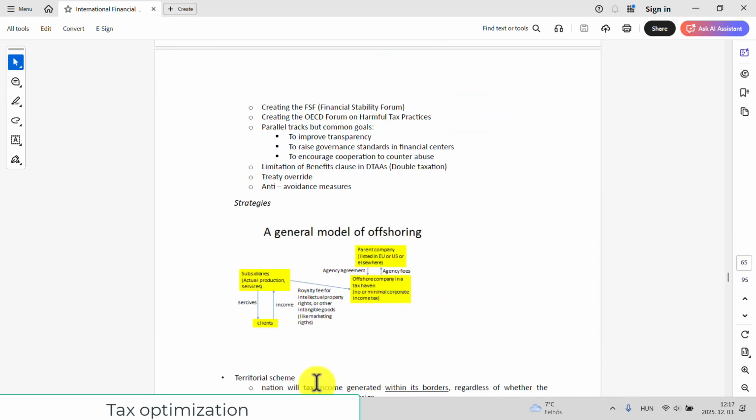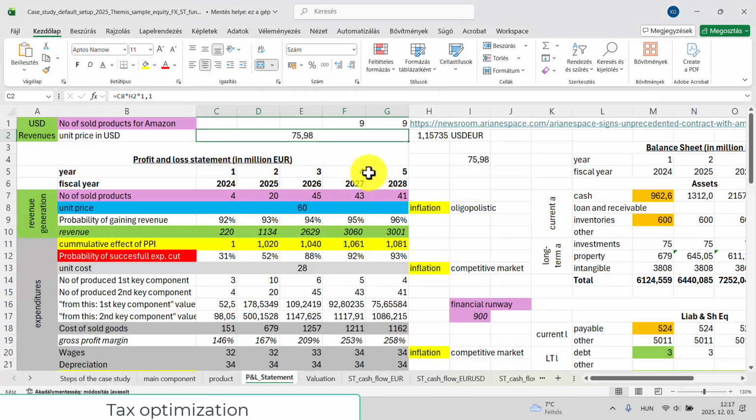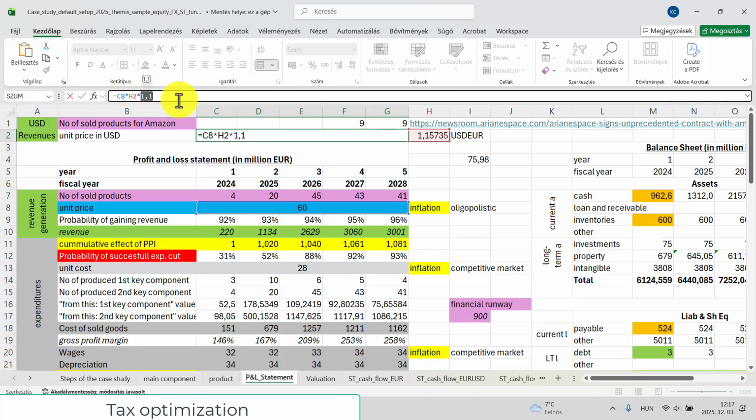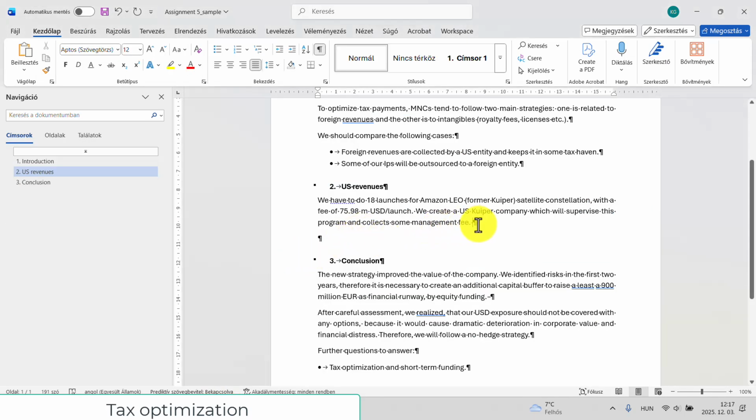How can we do this? First of all, I already made this 10% markup, and the reason was that in this case we can do it. I was planning ahead, so we can say, let's keep this money abroad instead of bringing it home.